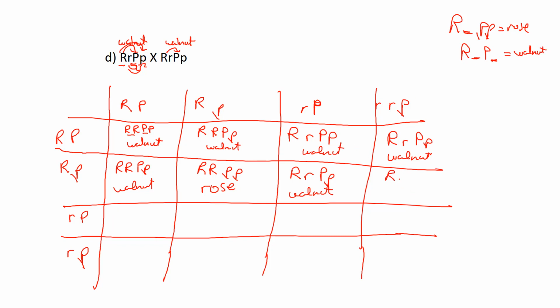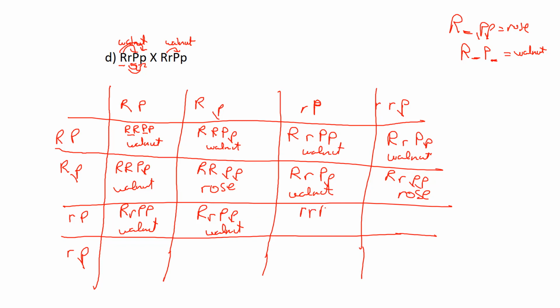Okay, and capital R, little p, that's going to be another rose. Okay, capital R, capital P, that's going to be a walnut. Capital R, capital P, always show the dominant allele first, that's going to be walnut.